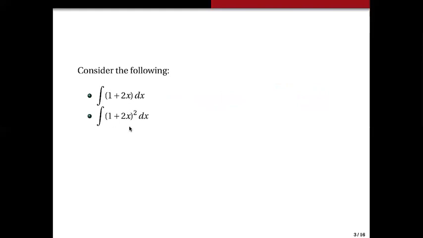Suppose we consider this. We now have 1 plus 2x squared. Well, one way, without using an unusual technique, quote-unquote unusual, is to expand this 1 plus 2x squared. You will have 1 plus twice the product, 1 plus 4x plus 4x squared, dx.